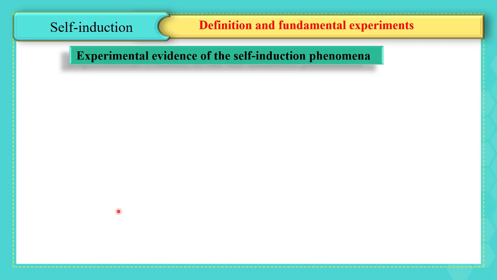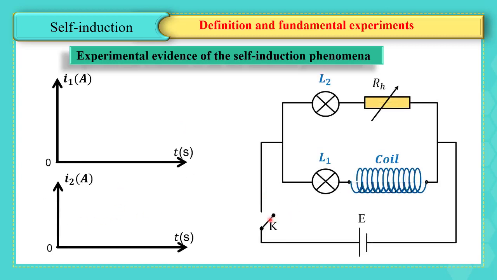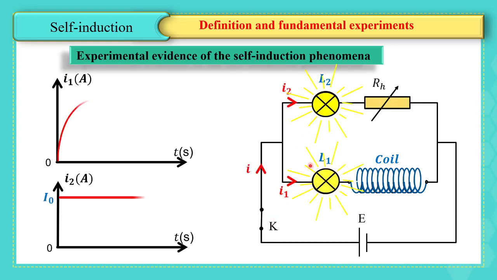Now, after closing the switch, we notice that L2 glows instantly, while L1 glows gradually with a noticeable delay with respect to that of L2. Then L1 glows as brightly as L2.